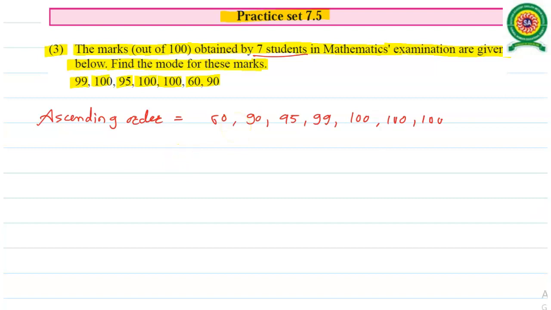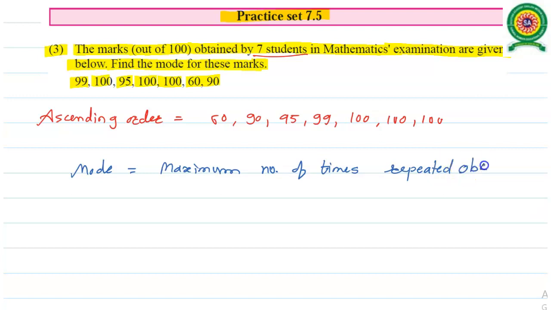Now keep in mind that for finding the mode, as is well known, the mode is the observation repeated the maximum number of times. Now check which observation is repeated the maximum number of times.